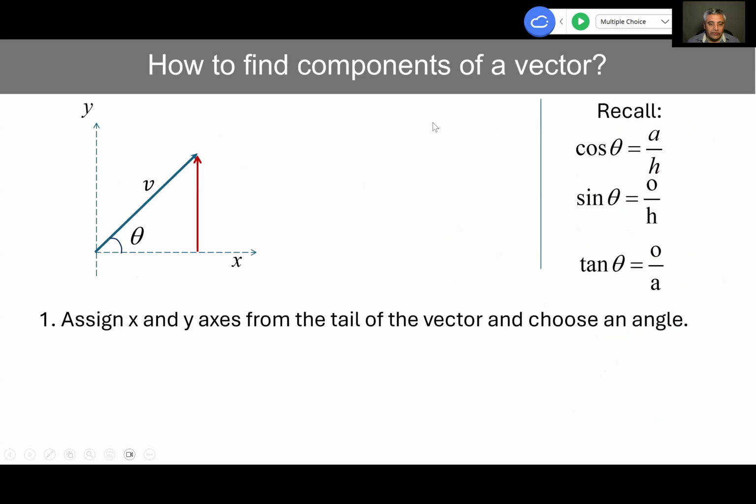Because when we solve a problem in 2 dimensions, rather than solving it as a combined problem, we want to break it into two components, horizontal and vertical. We have already learned how to solve problems in the horizontal direction using kinematic equations, and similarly in the vertical direction, for example, free fall.